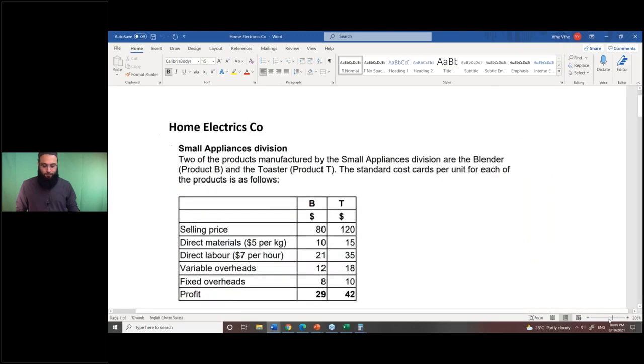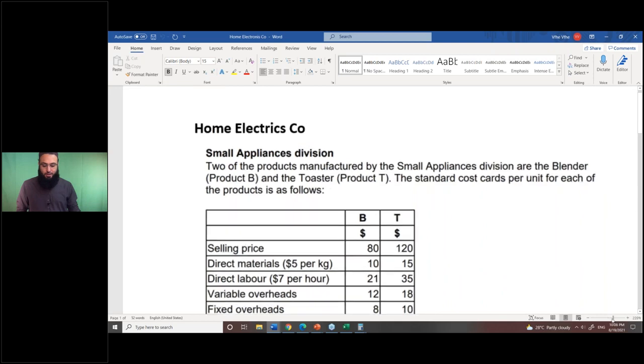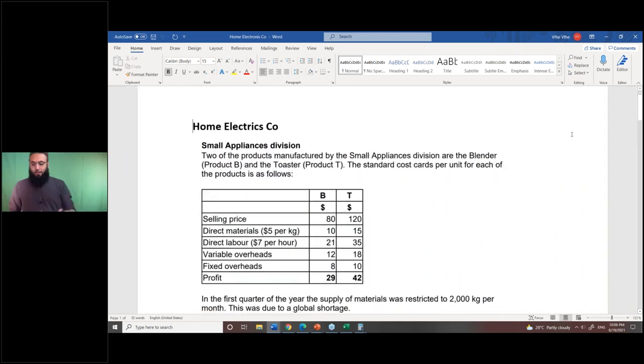Okay. Now it's the latest question of the exam, home electronics, small appliances division. It's an MTQ, okay? So let's begin now. Two of the products manufactured by the small appliances division are the blender B and the toaster T. The standard cost card per unit for each of the products is as follows.